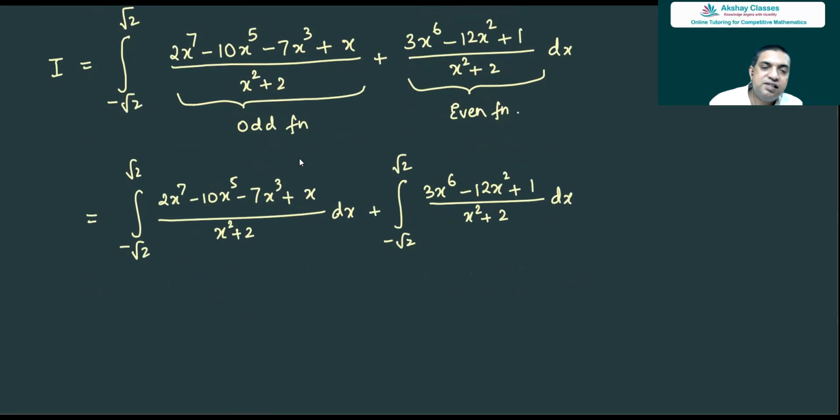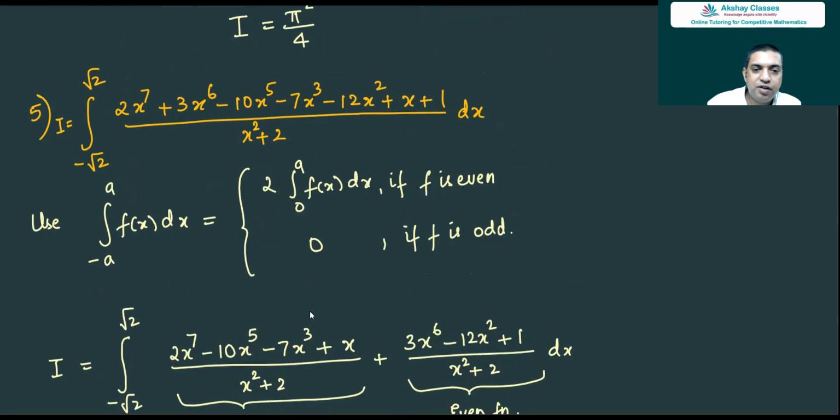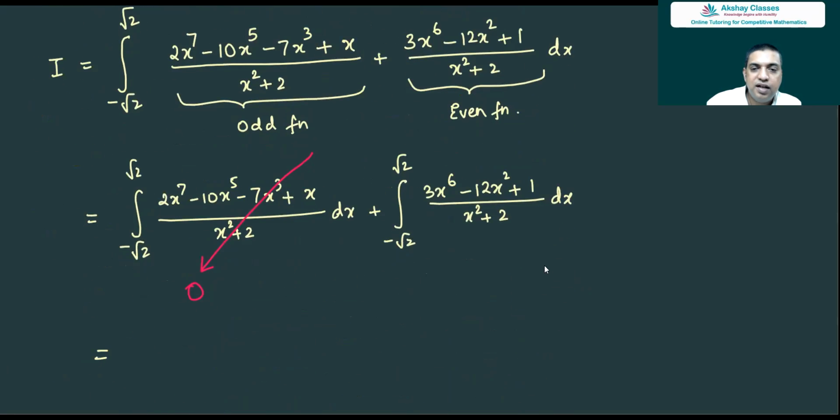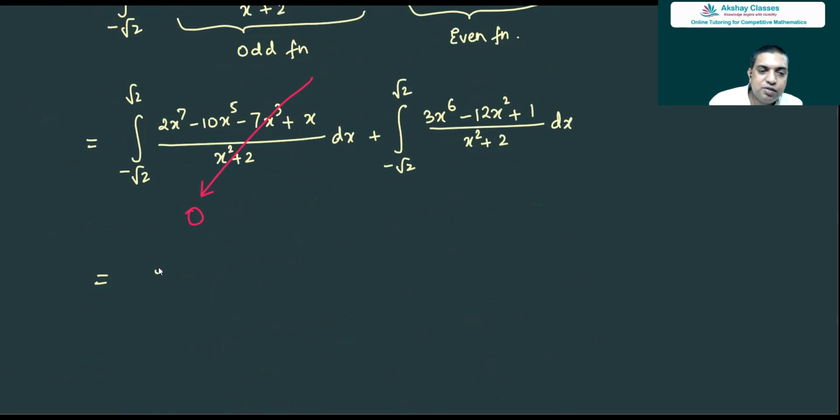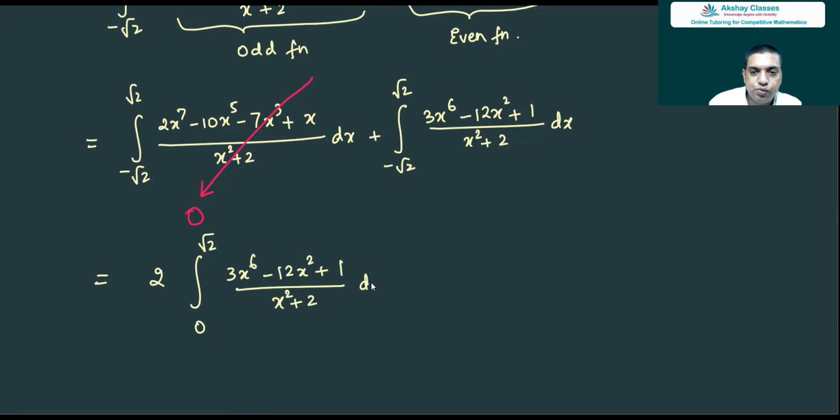Because this is an odd function, this integral goes to 0, based on this property, for an odd function, this is 0. And because this is an even function, this becomes twice the integral of 0 to root 2 of 3x power 6 minus 12x square plus 1 by x square plus 2 dx.